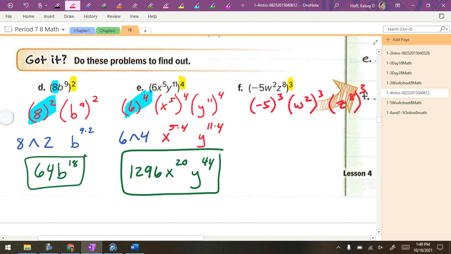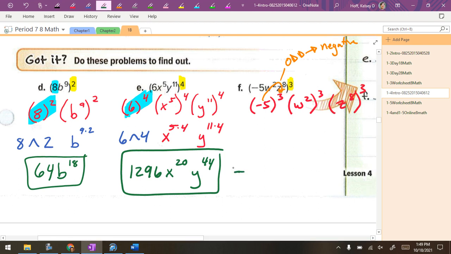Now, remember, your calculator is not smart enough to figure out negatives and exponents. How do I figure out if negative 5 to the 3rd is positive or negative? Very good. If my exponent is even or odd. So, is my exponent even or odd?